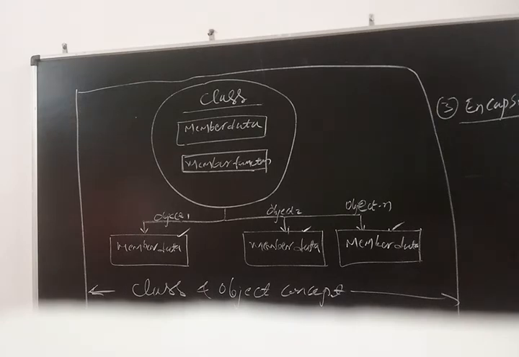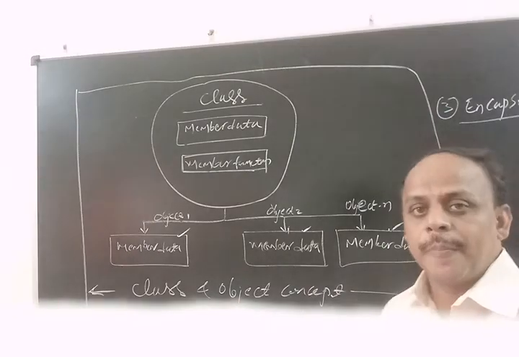The wrapping up of data and functions into a single unit is known as encapsulation, or else we can say that encapsulation is a mechanism that binds together data and functions that manipulate the data, and that keeps both safe from outside interference and misuse.